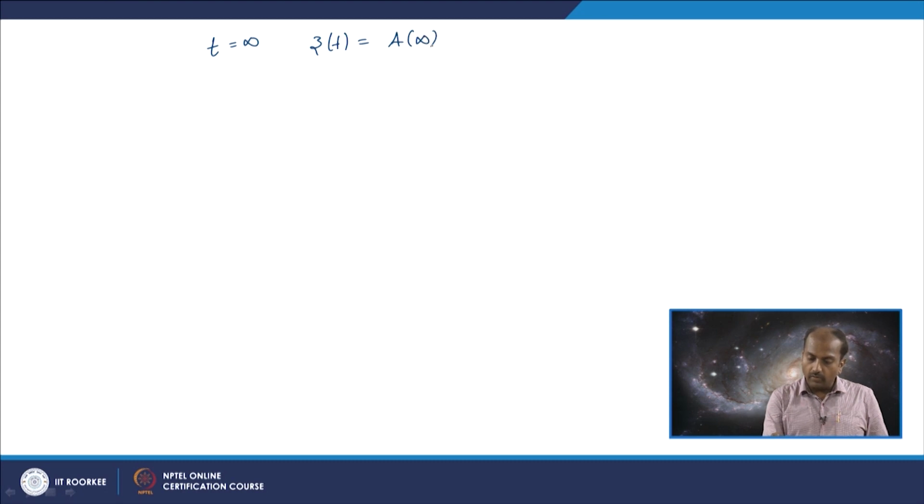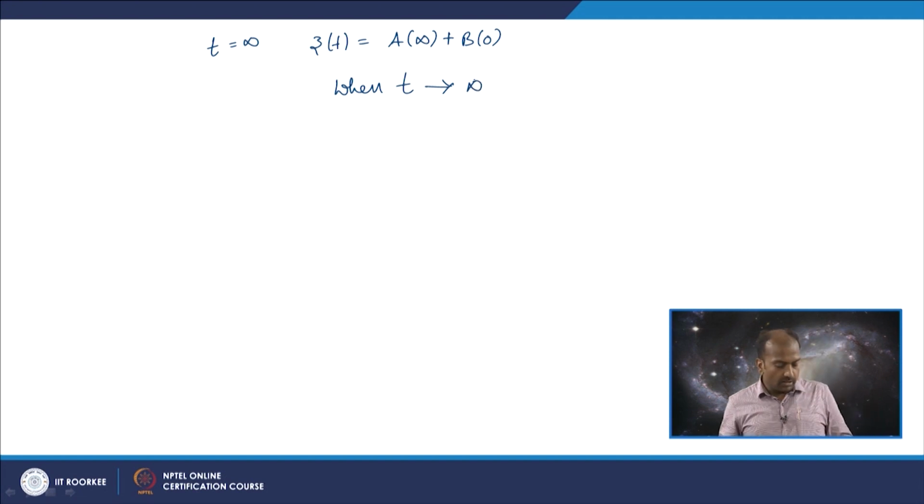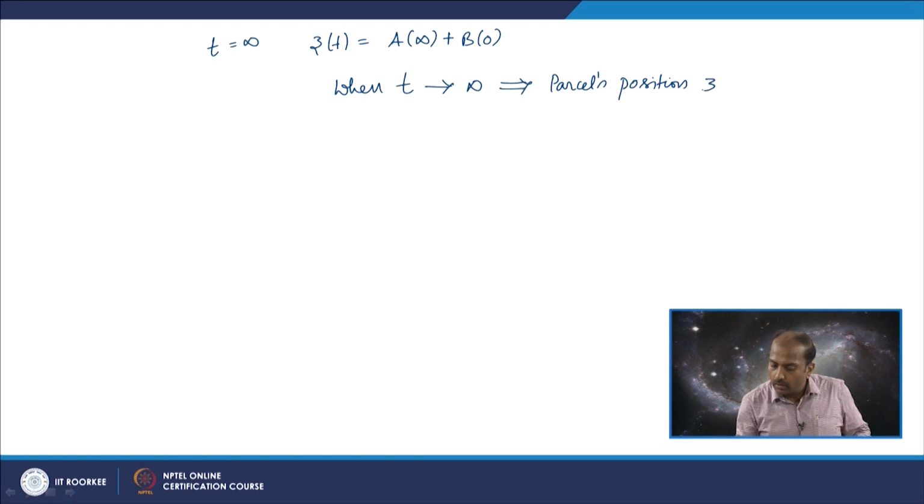So, here it simply means that at t equals infinity, z of t is A into infinity plus B into 0. So, when time t tends to infinity, the parcel's displacement, the parcel's position z, is also infinite.